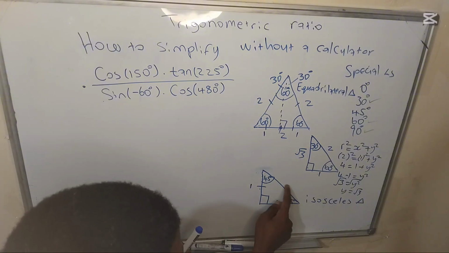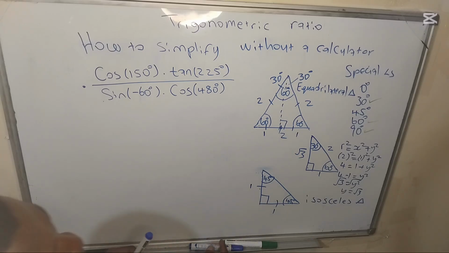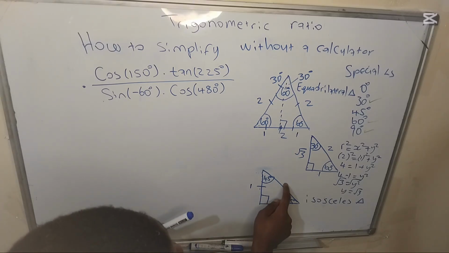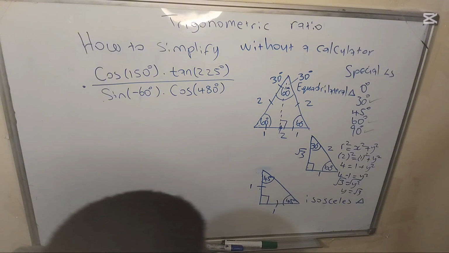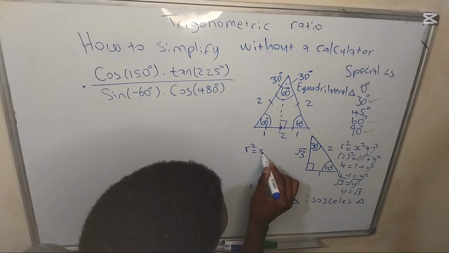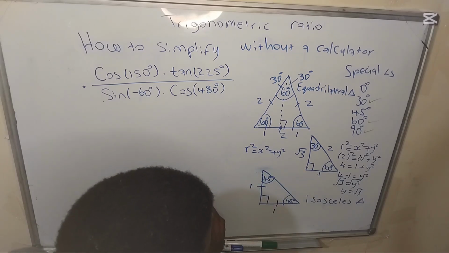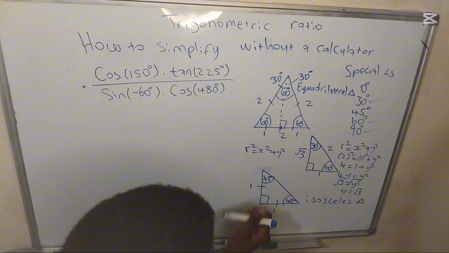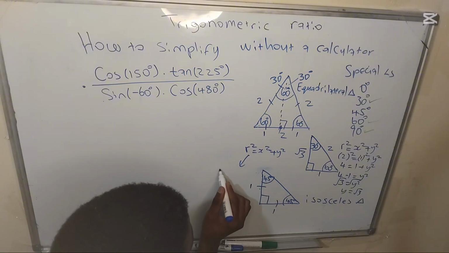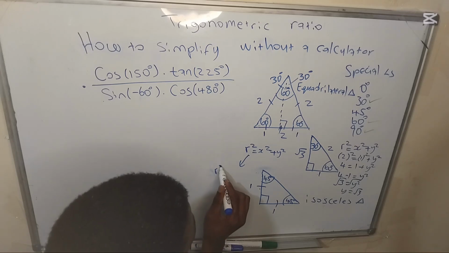Now we don't have this side, which is the hypotenuse, because it's opposite to 90 degrees. Let's use our Pythagoras theorem again, because this is a right angle triangle, to find our hypotenuse. Then r squared is equal to x squared plus y squared. We don't have our r, so r is the unknown.